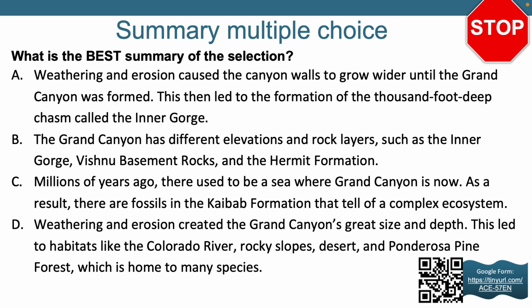C. Millions of years ago, there used to be a sea where Grand Canyon is now. As a result, there are fossils in the Kaibab Formation that tell of a complex ecosystem. Or D. Weathering and erosion created the Grand Canyon's great size and depth. This led to habitats like the Colorado River, rocky slopes, desert, and ponderosa pine forest, which is home to many species. Don't forget to submit your answer A, B, C, or D.